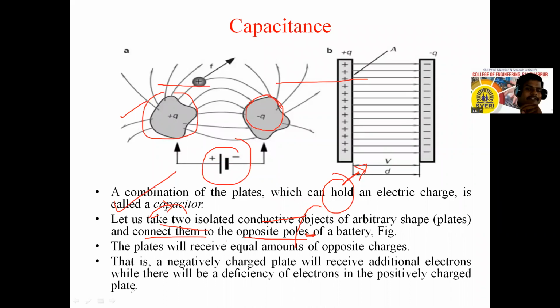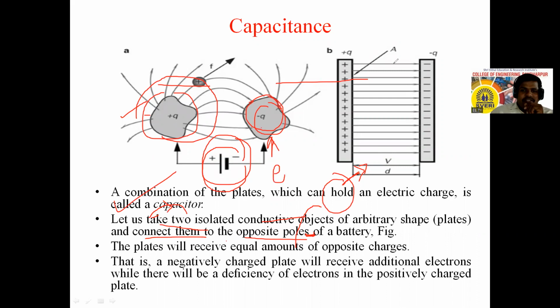The negative charge object receives some amount of electrons from the battery, and at that situation there is a deficiency of electrons in the opposite, positively charged object.